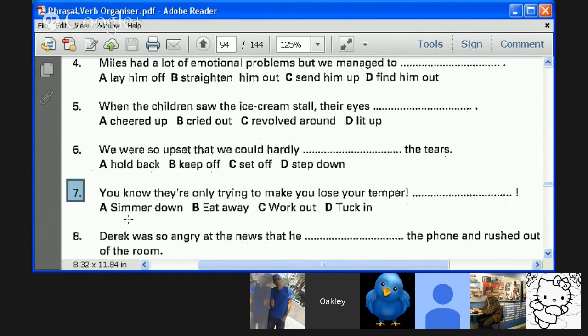I know that simmer down means keep calm, right? Keep calm. Yes, that's right. And be careful of the pronunciation of temper. Always make sure that you're pronouncing that last syllable, the last consonant.